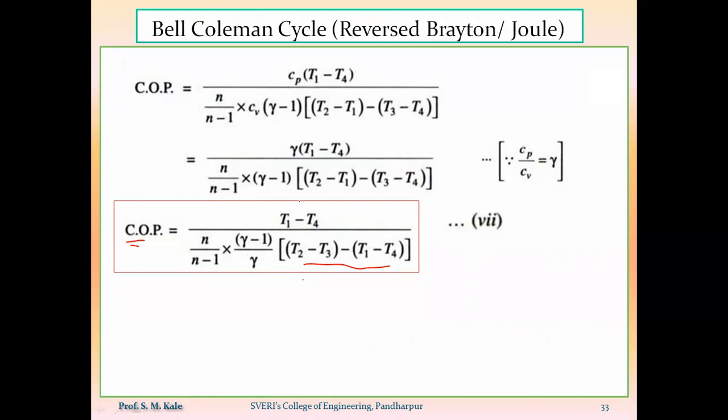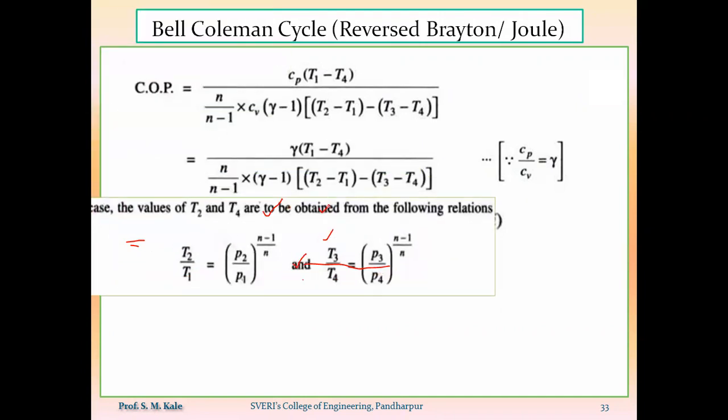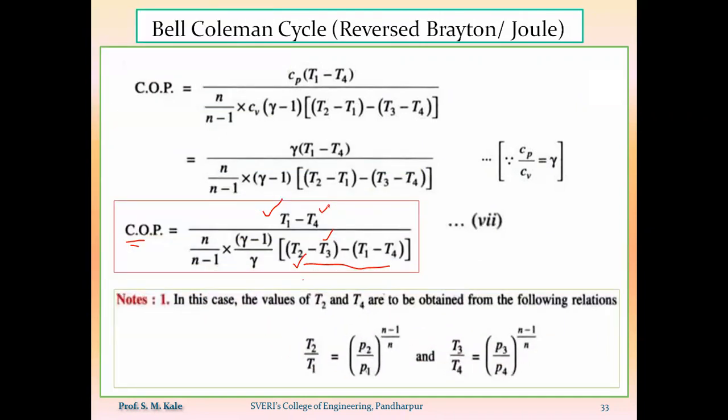But in this equation, you should know all the temperature values T1, T2, T3, T4. If any of the temperature values is not given, then you can calculate it by conversion of temperature into pressure.